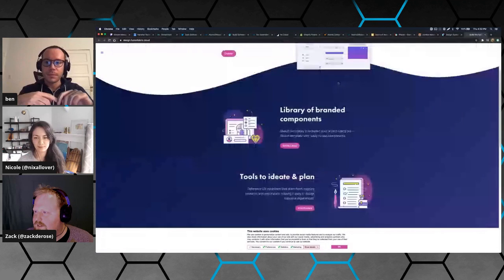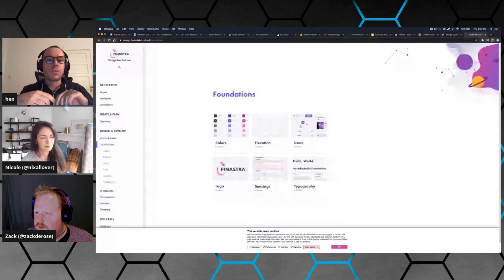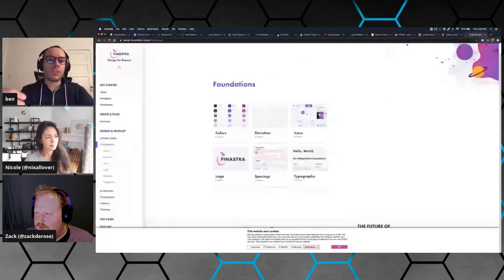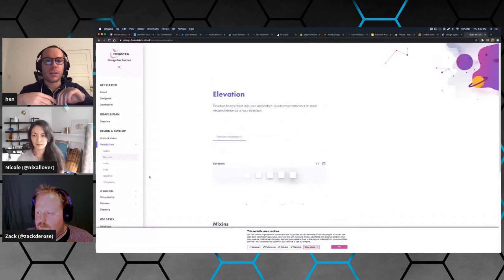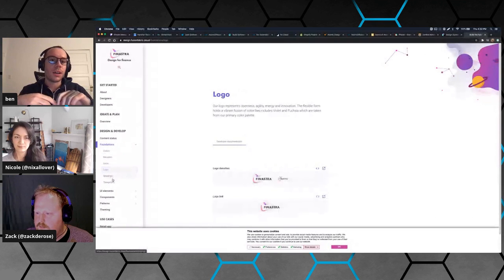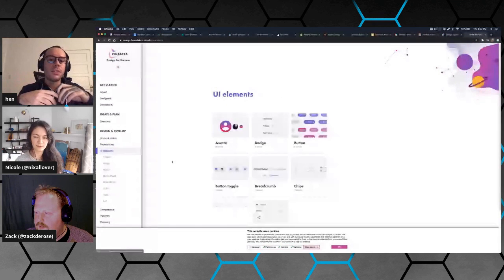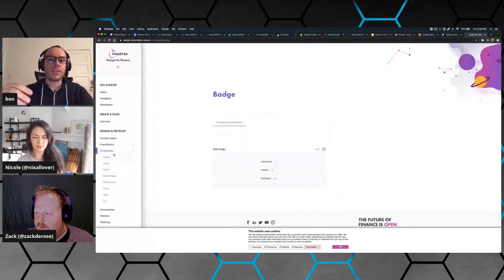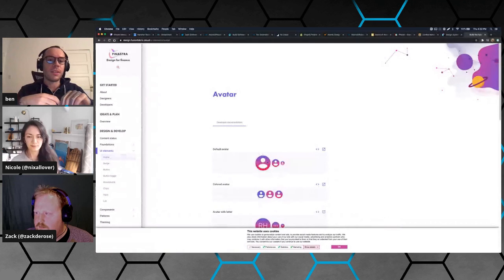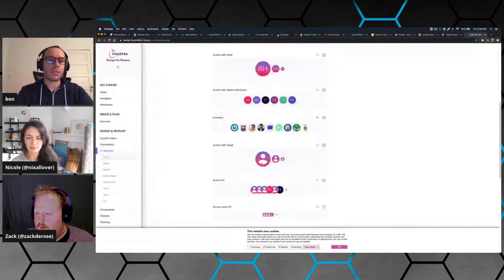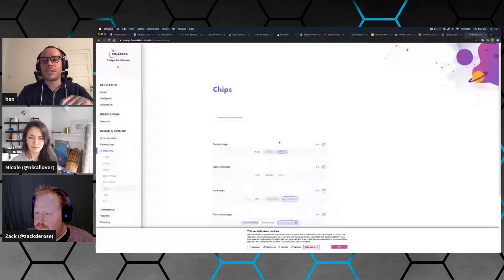That's really cool when you don't know what you want to do and you want to discover what a design system is. If you're very new to this, it shows you what a design system is by example, and that people are working on right now. So that's the first one.